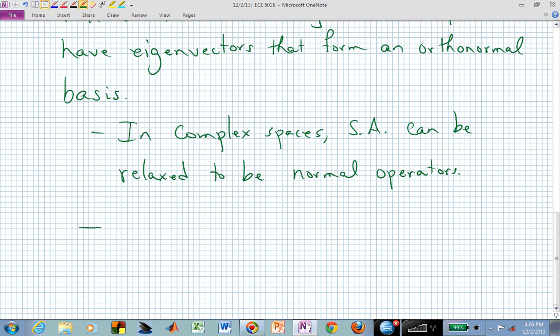That idea of having an orthonormal basis is really equivalent to saying that we can decompose our underlying vector space.